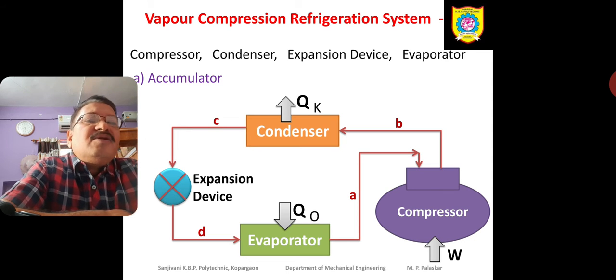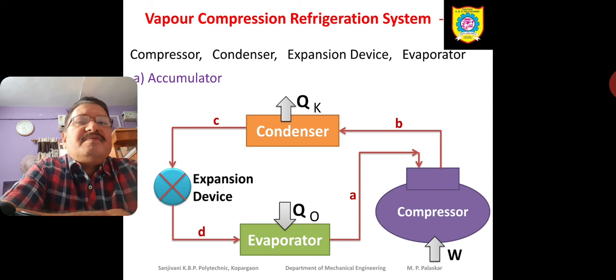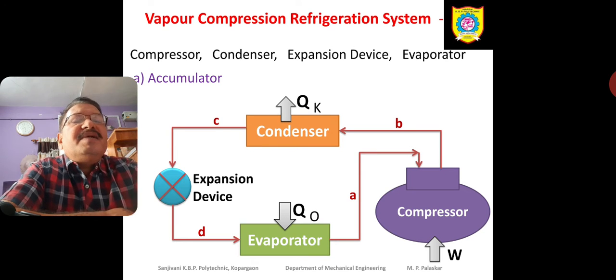Now some additional components are also present in the vapor compression refrigeration system, depending upon the application. An accumulator may be present between the evaporator and the compressor. We know that only refrigerant vapor should enter the compressor.